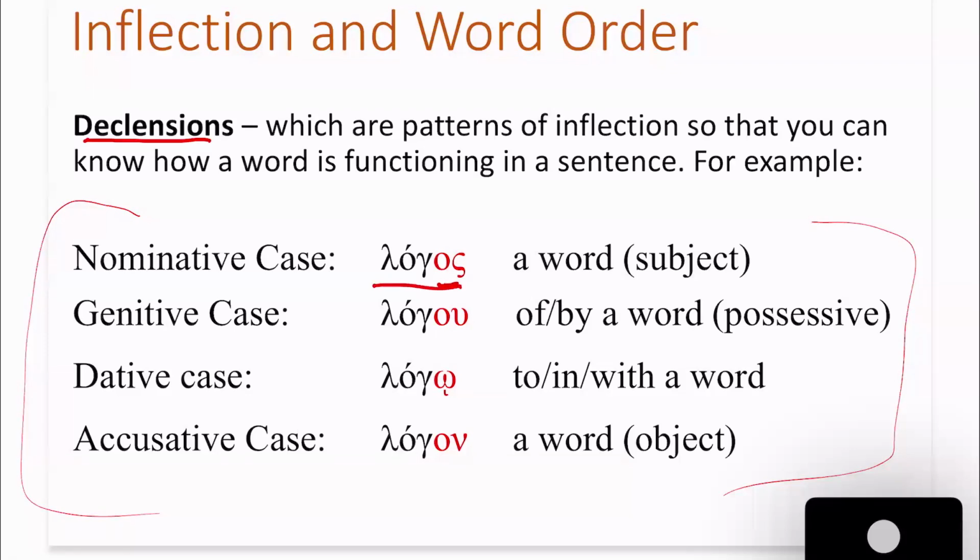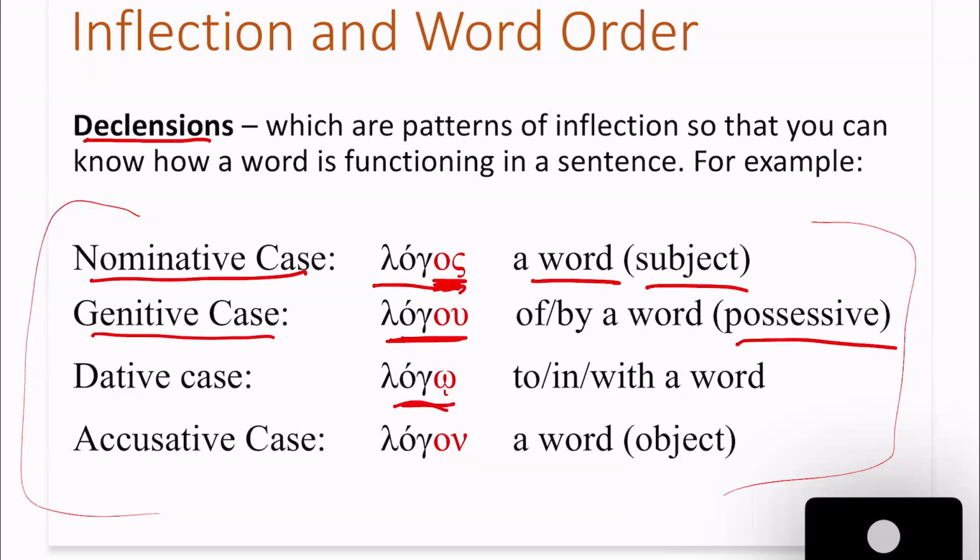So logos means a word and is most likely the subject of the sentence. And it's in the nominative case because it's got this os ending. Logos, logu. All of a sudden, we know that we're in the genitive case. We're looking at possession of or by a word.